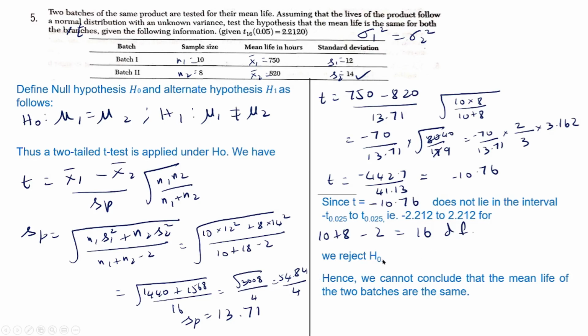We reject H0. Hence we cannot conclude that the mean life of the two batches are the same. Since we reject H0 we have to accept H1. So we cannot conclude that the mean life of these two batches are same.